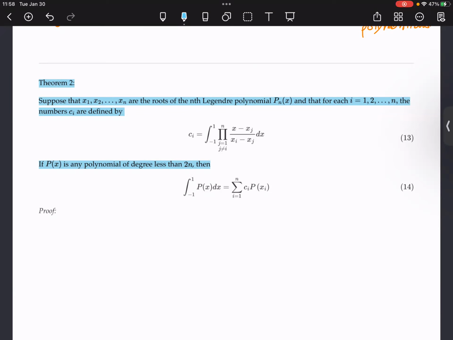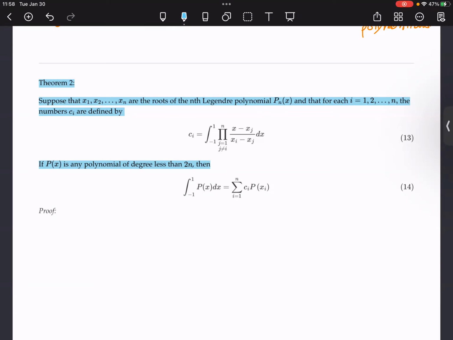And this statement is telling you that if P(x) is any polynomial of degree less than 2n, then this quadrature rule is exact, which means that the degree of precision for this quadrature rule is 2n minus 1.